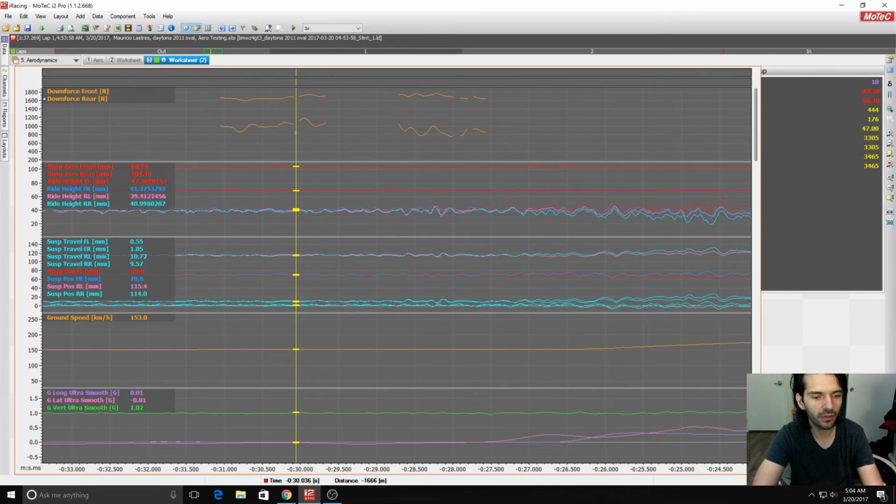Here you can see that there's a gap in the information. Why? Well, let's see. More than likely it's the vertical G. It went to 1.02. I think the condition maybe is less than 1.02. So in that case it'll throw away the data. Right here, the G vertical is 0.98, and let's see what the condition is.